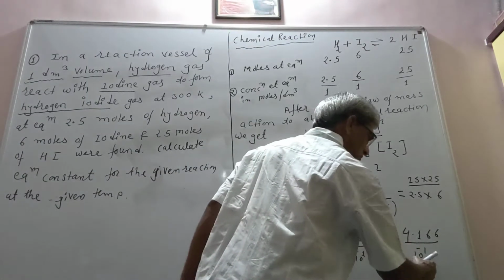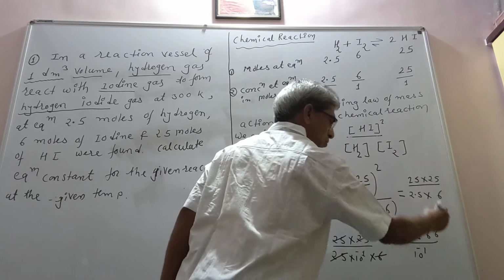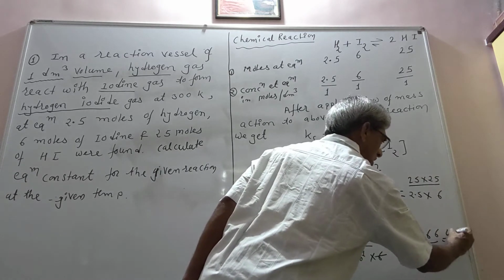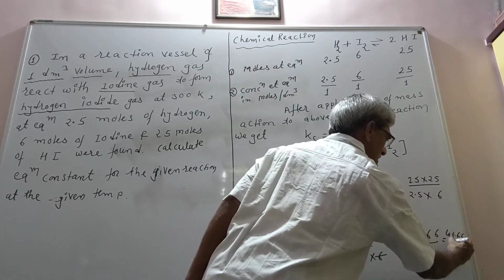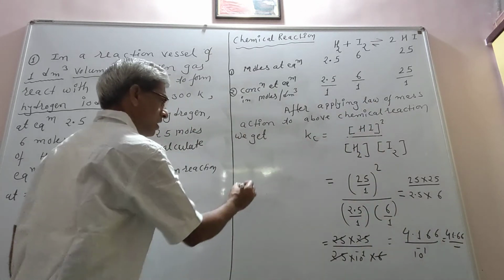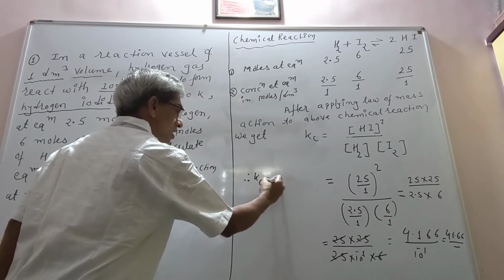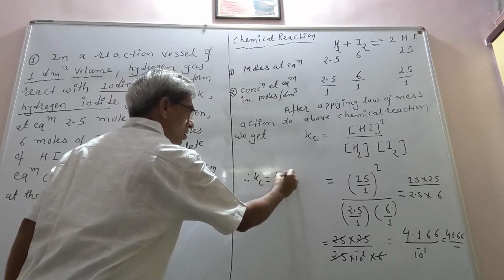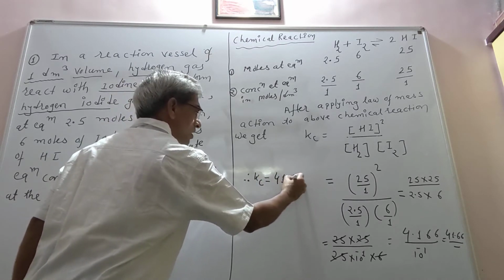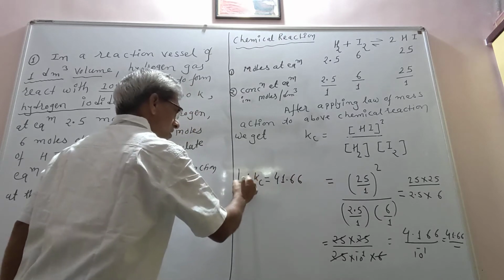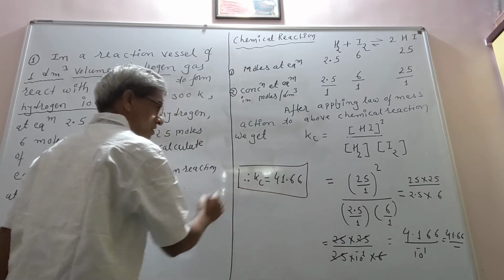Then 10 raised to minus 1 shifted towards the numerator, it becomes 41.66. This is your final answer, and therefore the equilibrium constant for the given reaction is 41.66.